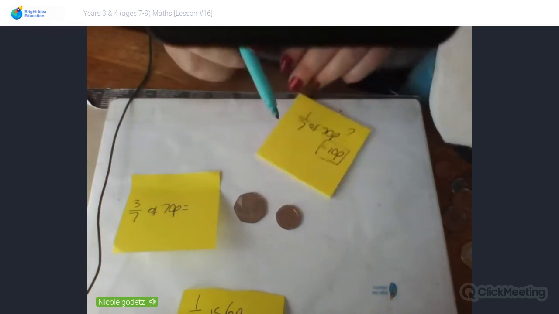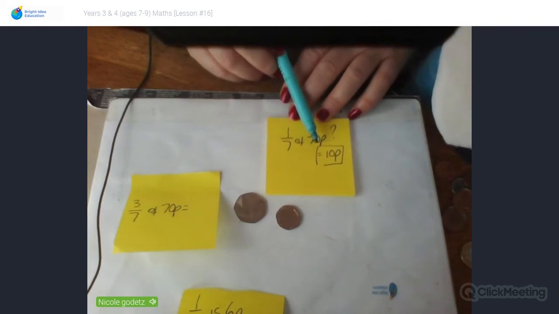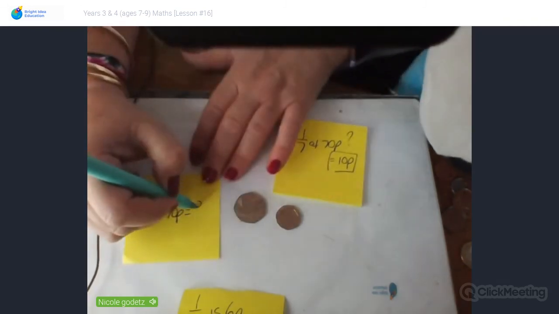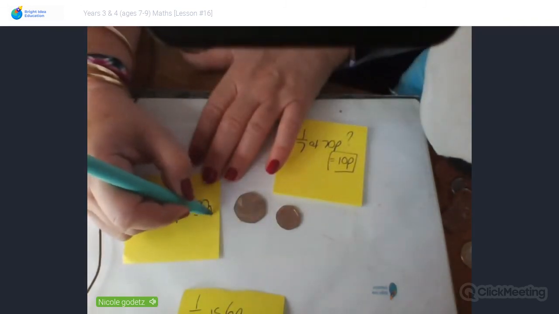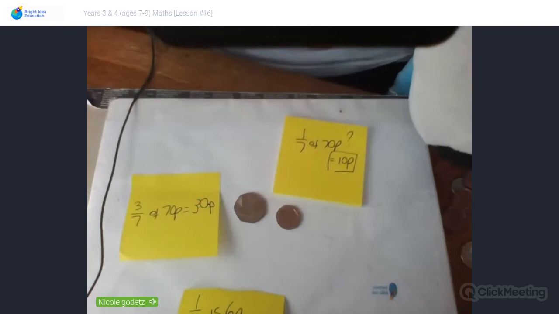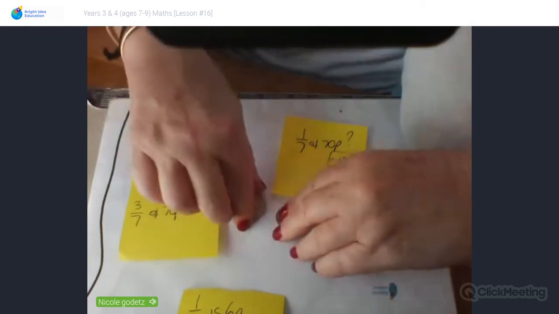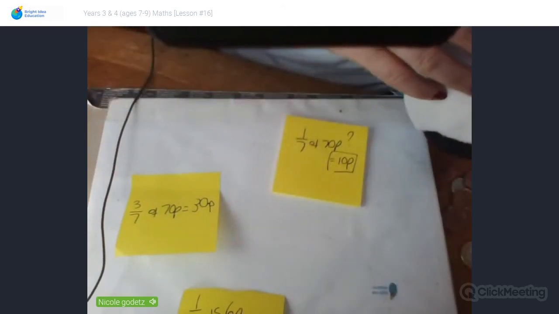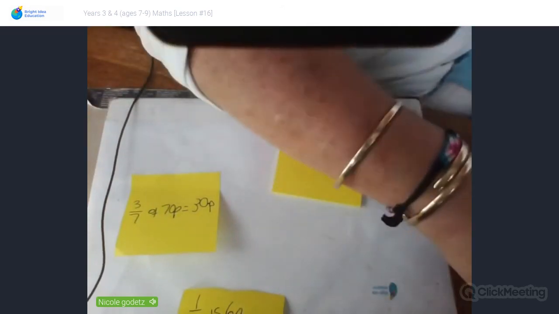So that's the value of 1. So if 1/7 is 10p, 3/7 is, quite rightly, 30p.